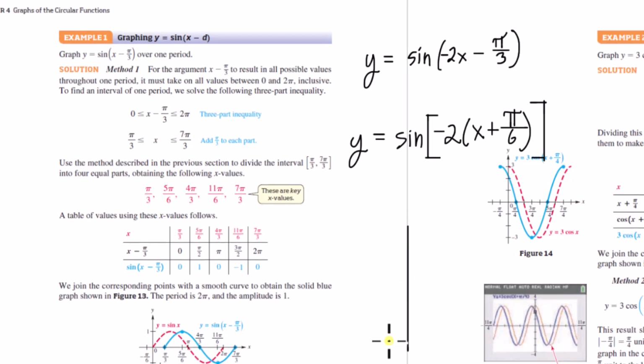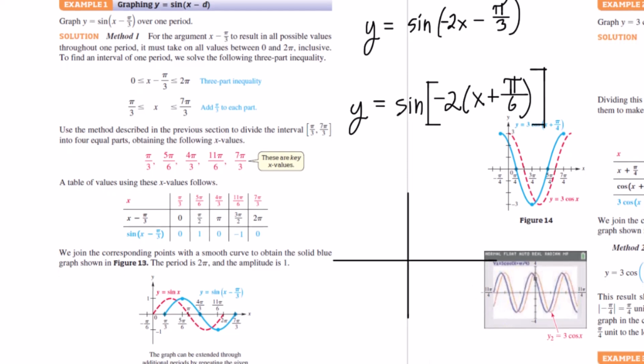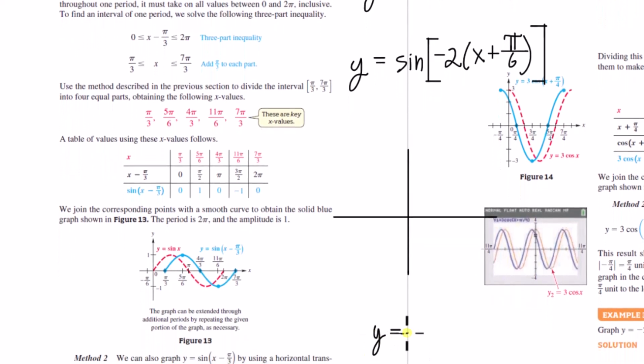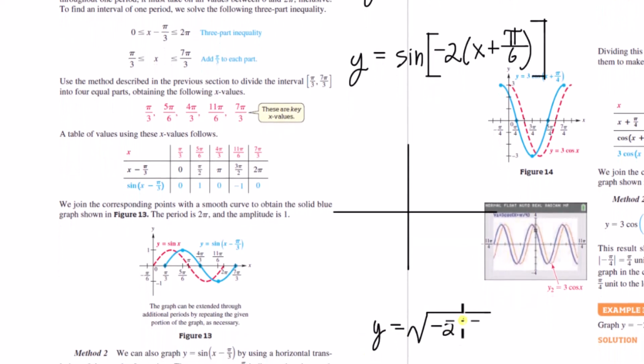So thinking about the square root of x, if we had y is equal to the square root of minus 2x minus 3, this would be like you started with the square root of x, you shifted it to the right 3, then you scaled it down by a factor of 2, then you flipped it about an imaginary y-axis that's been transformed.